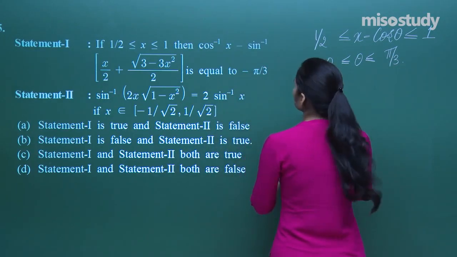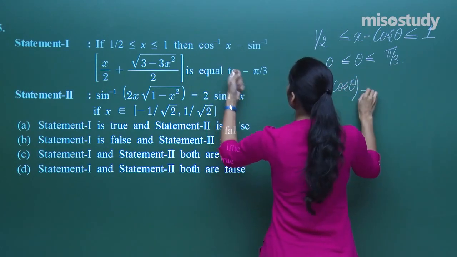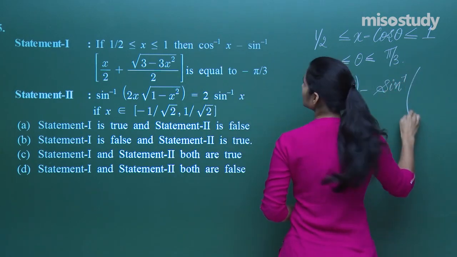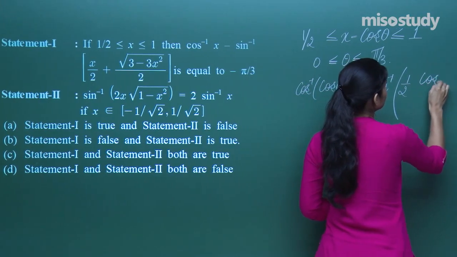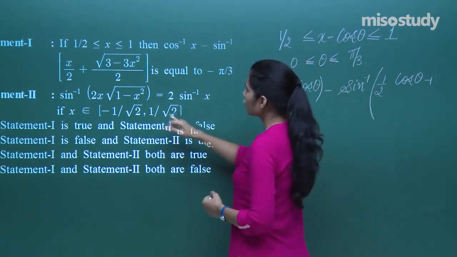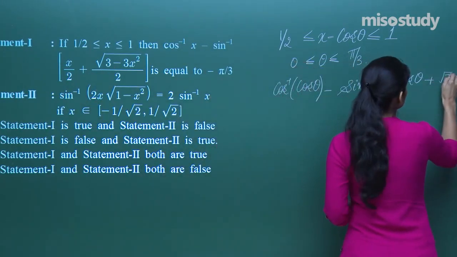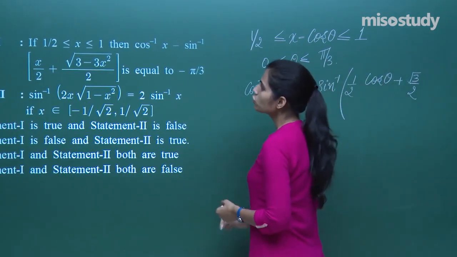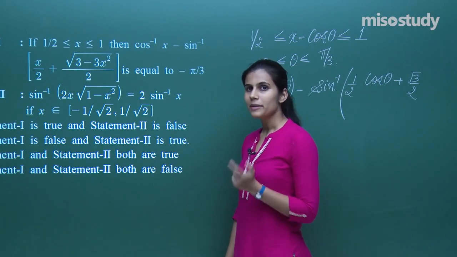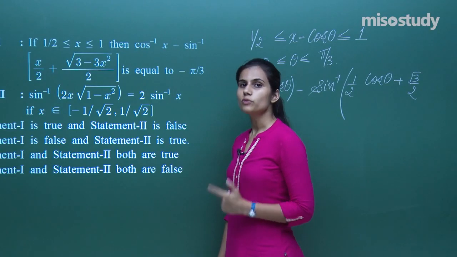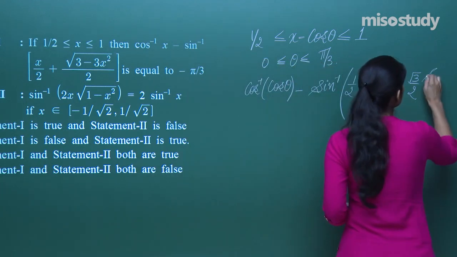Now, if I take x as cos theta, this is cos inverse of cos theta minus sin inverse of 1 by 2 cos theta plus root 3 by 2 into under root of 1 minus x square. If x is cos theta, then x square is cos square theta, 1 minus cos square theta is sin square theta, and under root of that is sin theta.